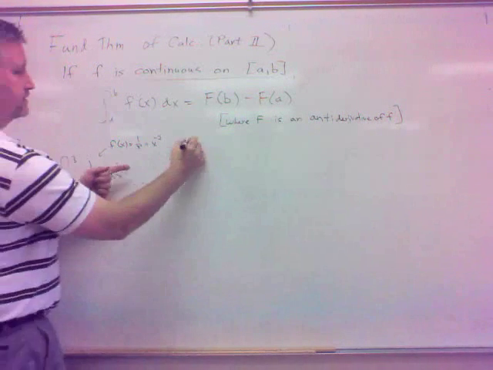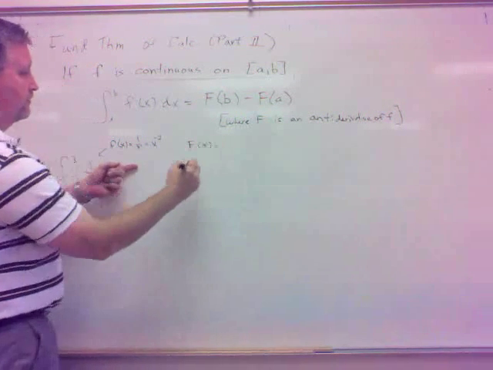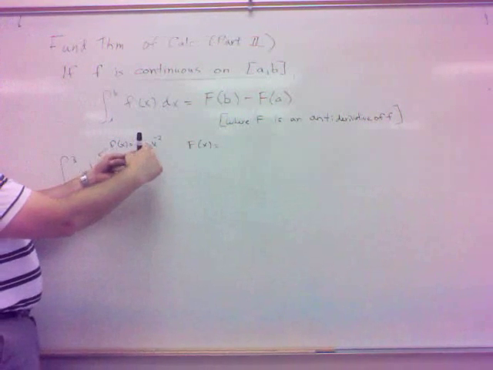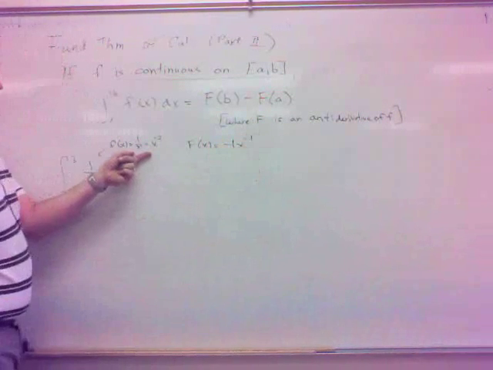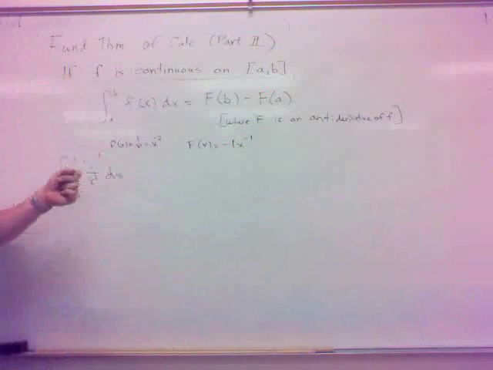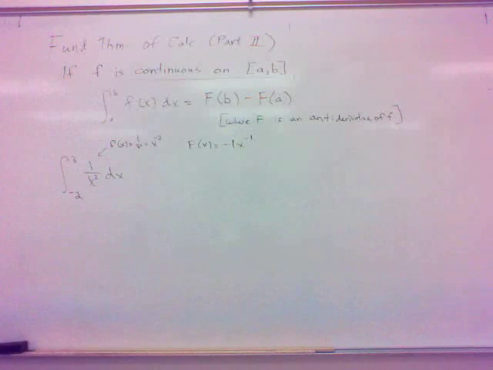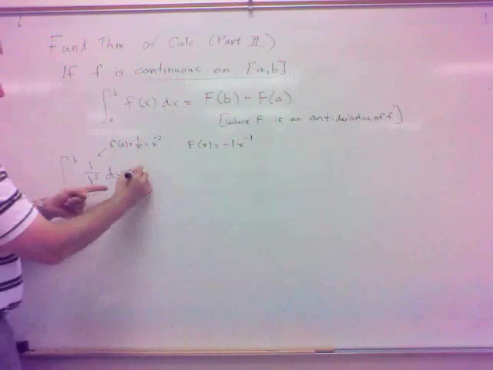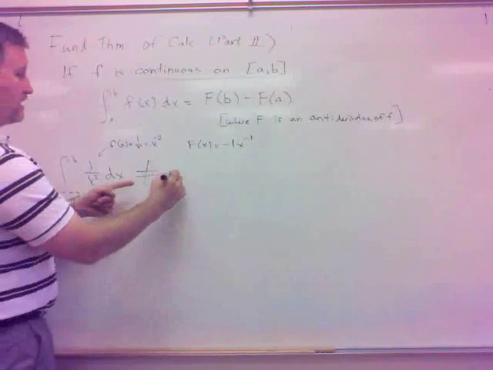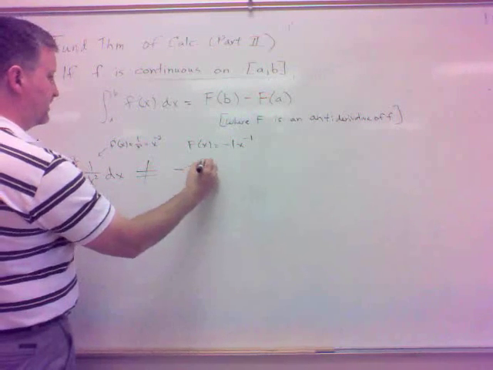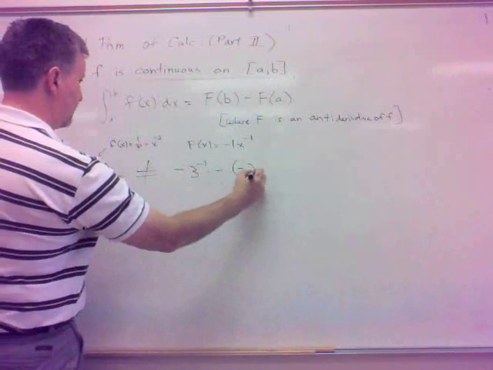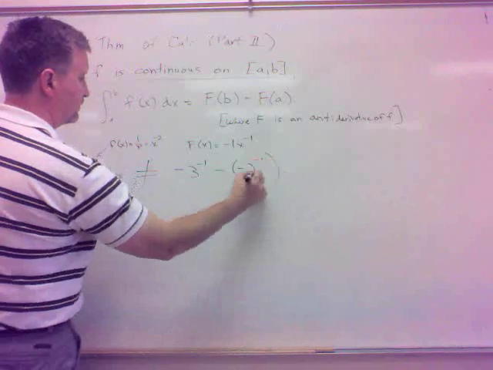Big F of x would be -1 times x to the -1 plus c, but one specific one. Okay, but what I was going to point out, yeah, that's the antiderivative, but this does not equal -3 to the -1 minus -2 to the -1.